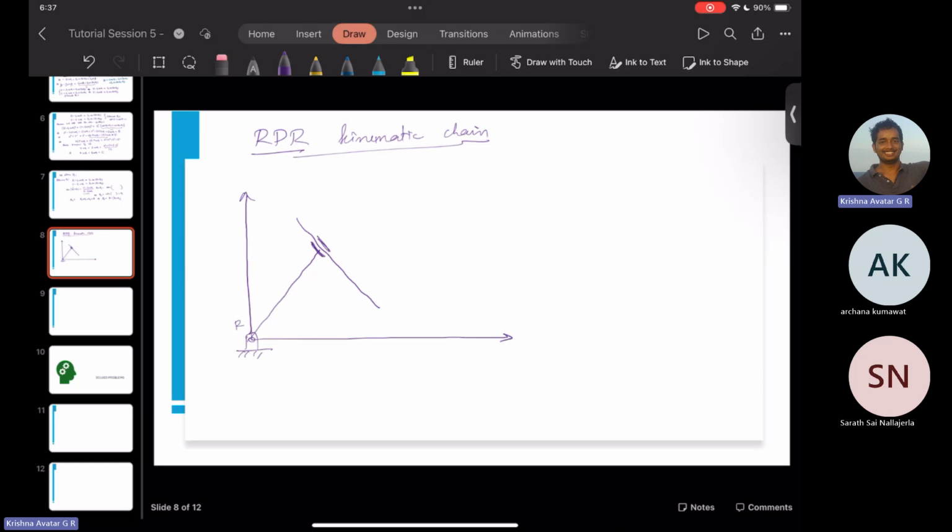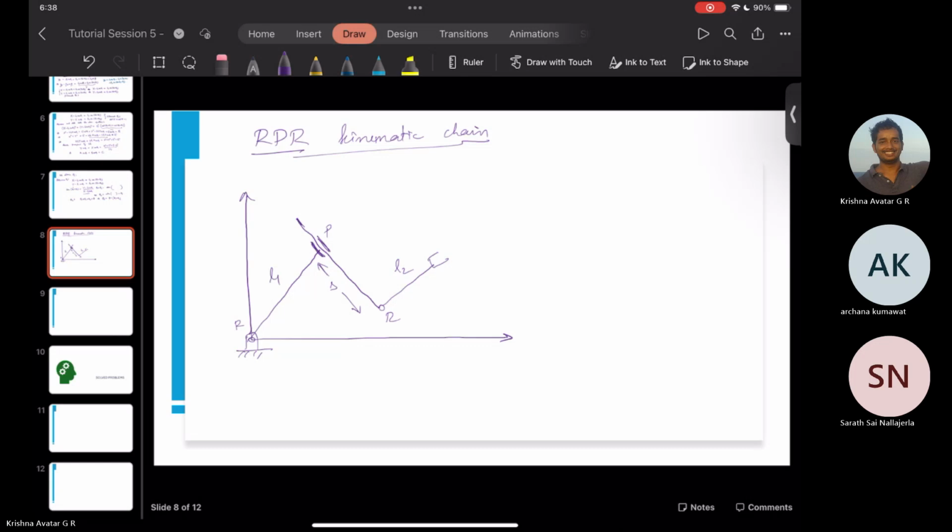So we have R, this is P, this is R again, and this ends at the end effector. So this link is of length L1, this link is of L2, but as per the schematic during the class, we just consider the separation distance, the extension, or the throw as we call it, right?